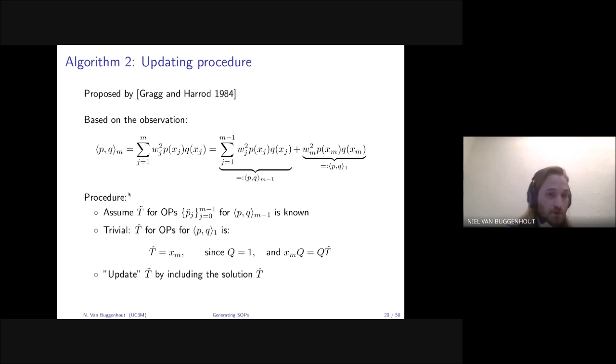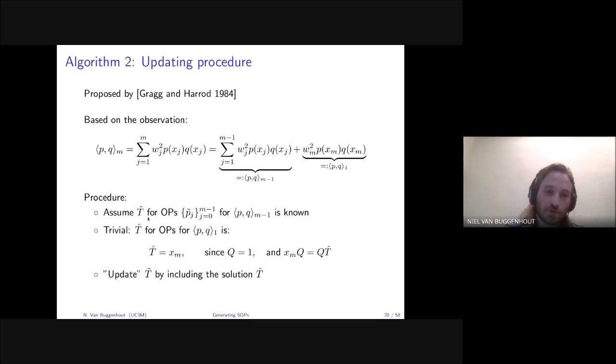In this updating procedure, we assume that we have the solution for the larger inner product, the one from j equals 1 to M minus 1. If we don't have this solution, we can always keep splitting up until we have just two terms, and then add one term at a time in order to reach M minus 1 terms.